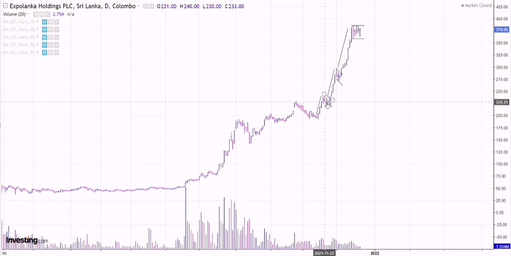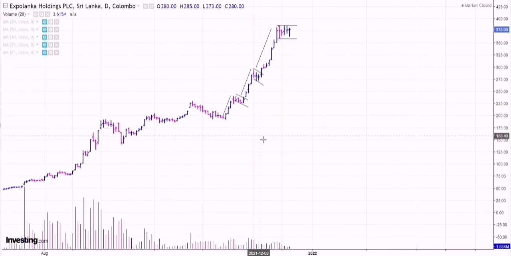Both times the flag has pointed against the direction of the overall trend. That's usually a common thing, that's usually how a flag is, but sometimes you can see a more horizontal flag as well. So looking at the chart, what we can assume is, as of now, prices are signaling that we have further upside. To measure a price target, we pretty much measure the height of the flagpole.